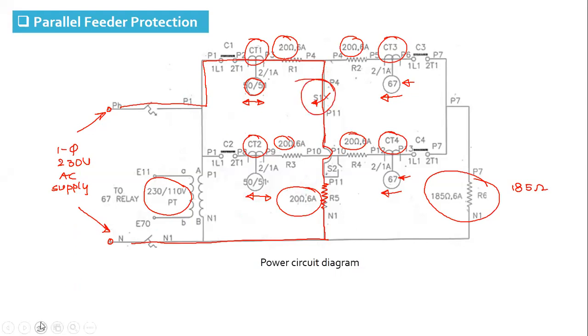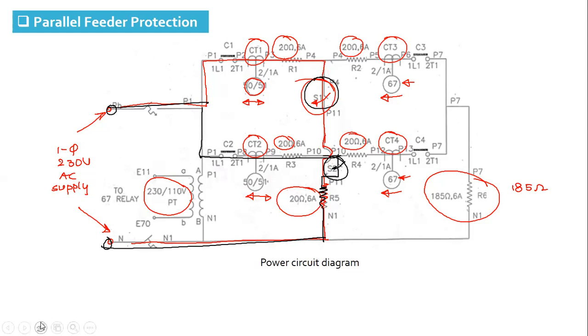In a similar way, when we close switch S2, a fault is created on line 2. So these two switches are used to create a fault on either line 1 or line 2.